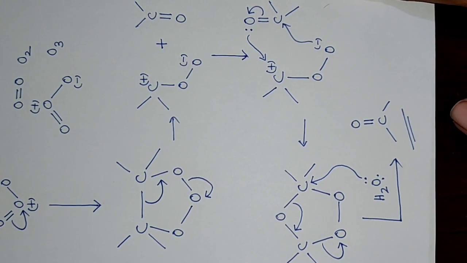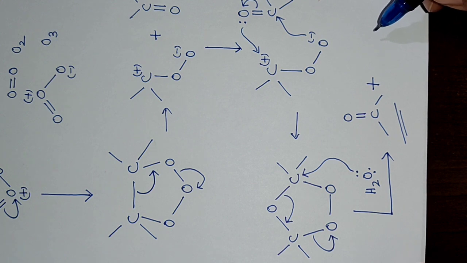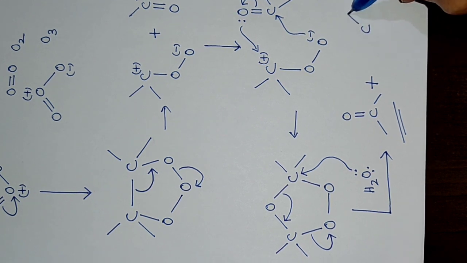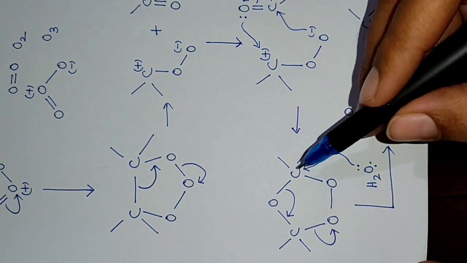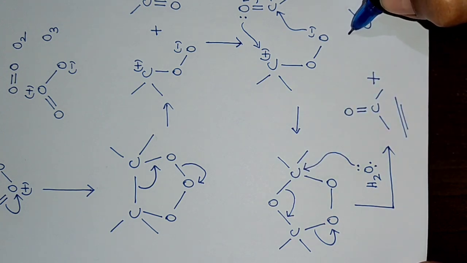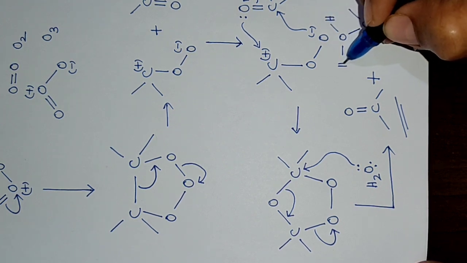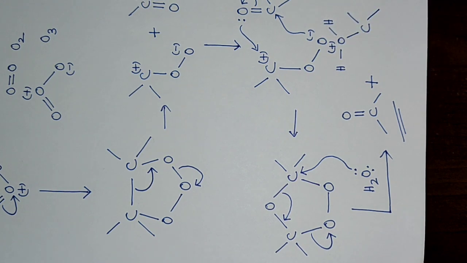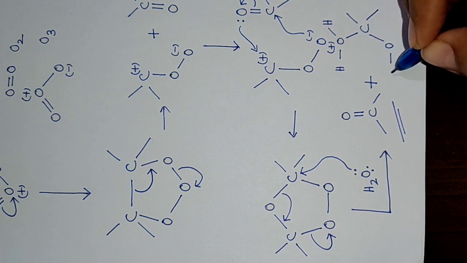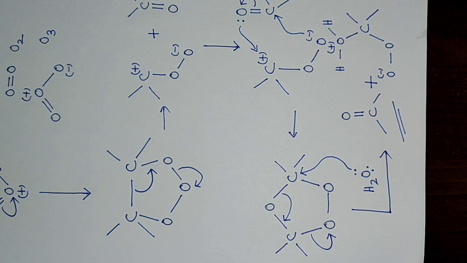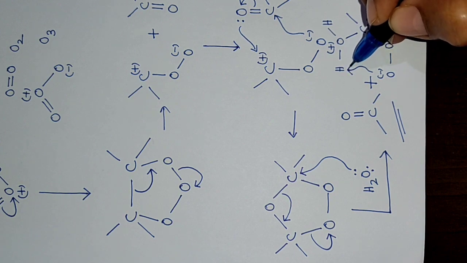Now what happens to the other part? We have this H2O to be connected and we have this peroxide ion. Now this will extract this H plus.